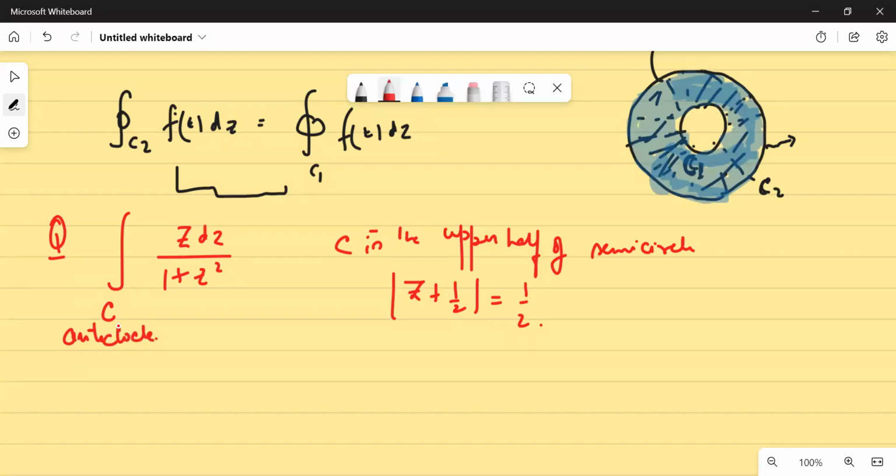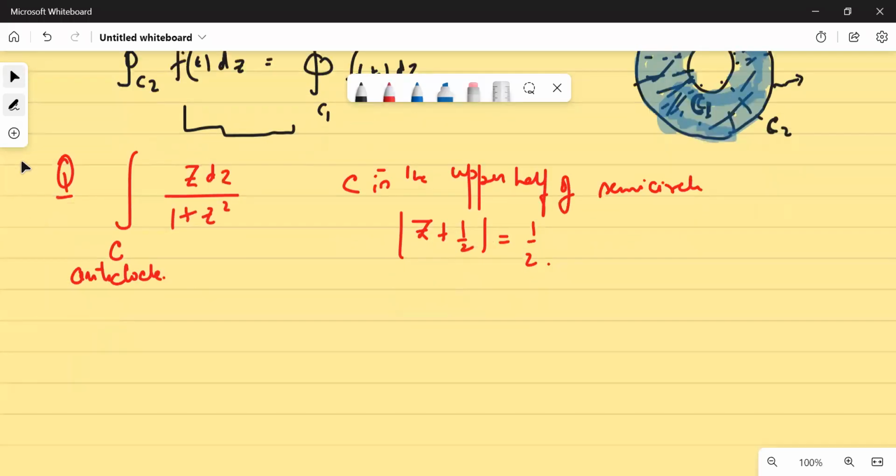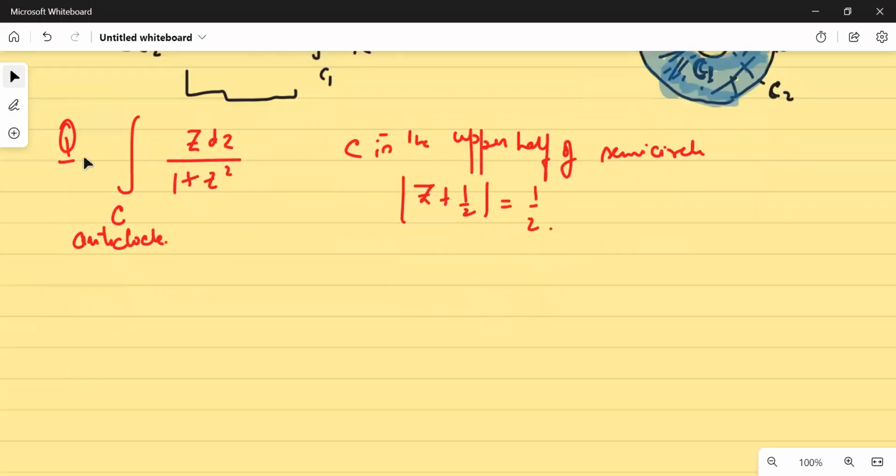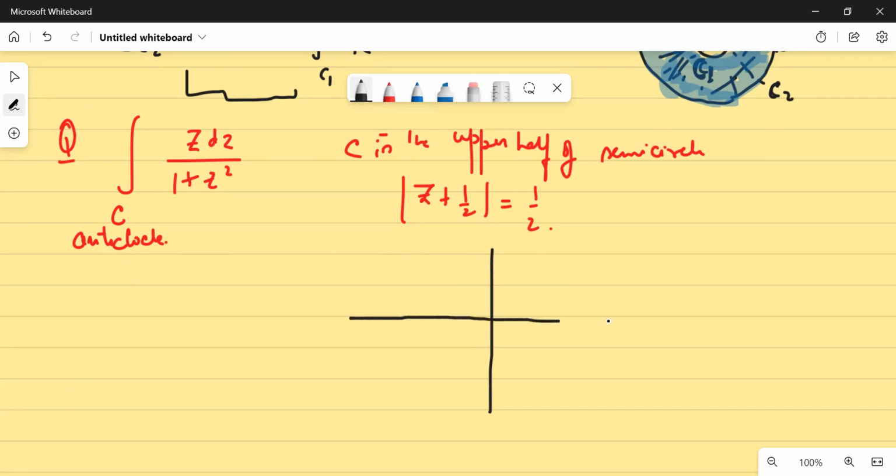So what it would mean is that we are integrating our function z dz upon 1 plus z squared over this upper half of the semicircle, traversed anticlockwise. So this is my curve C, the upper semicircle. Don't call it upper half, call it upper semicircle. So upper semicircle means this curve.